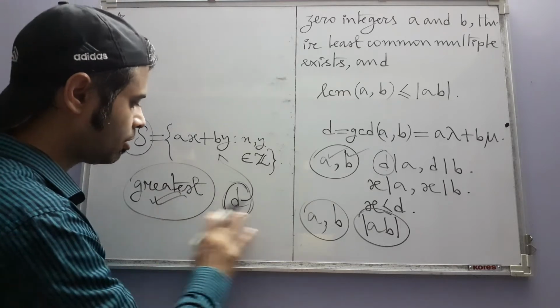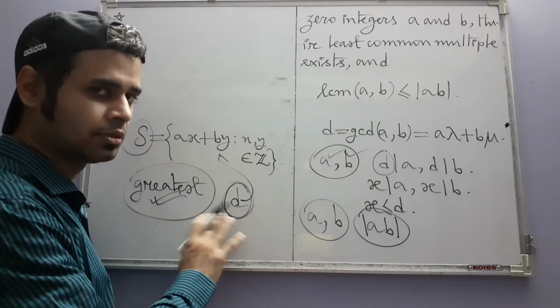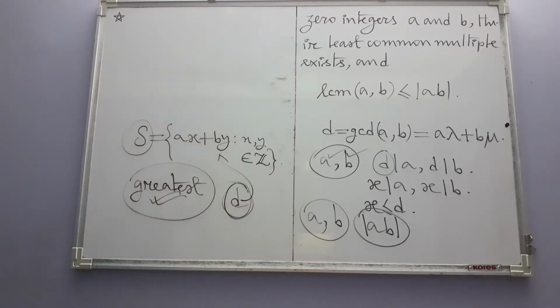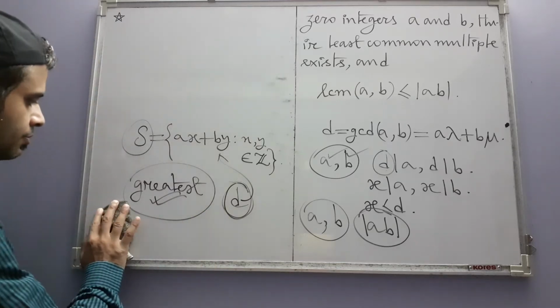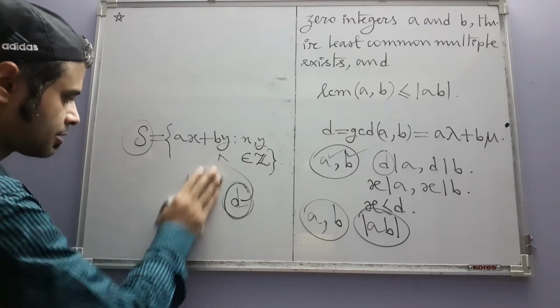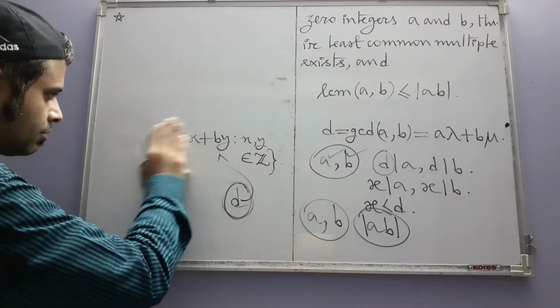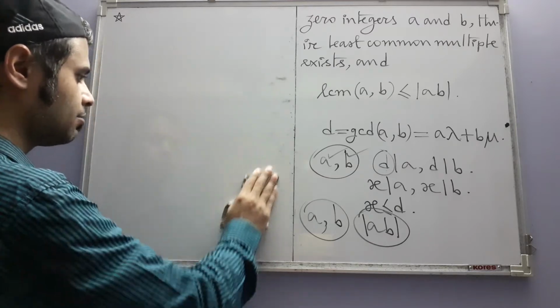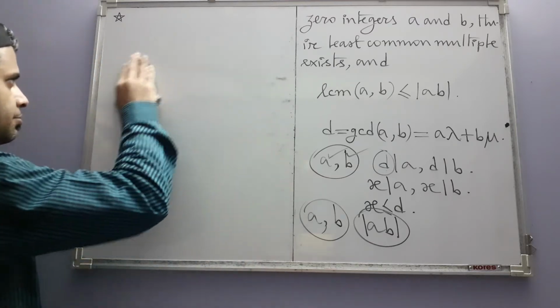Do not confuse yourself about these two things. It is the greatest among the set of all common divisors, but it turns out to be the least element of some other set.